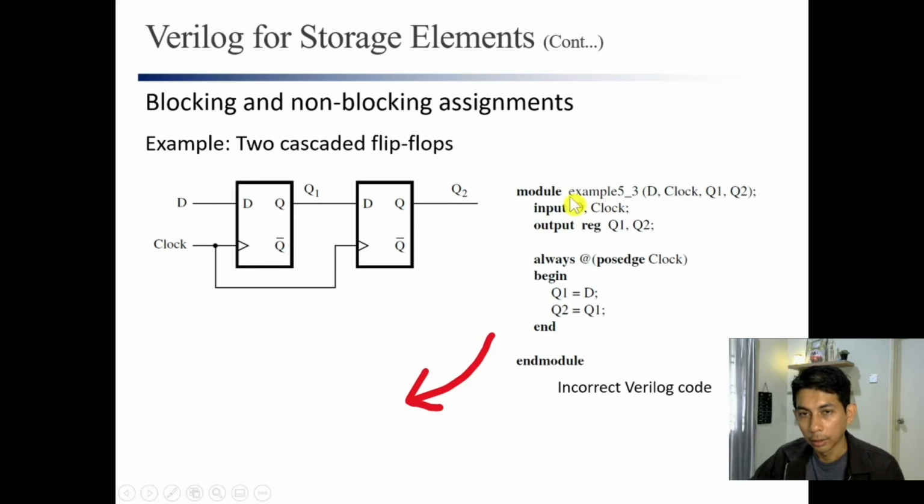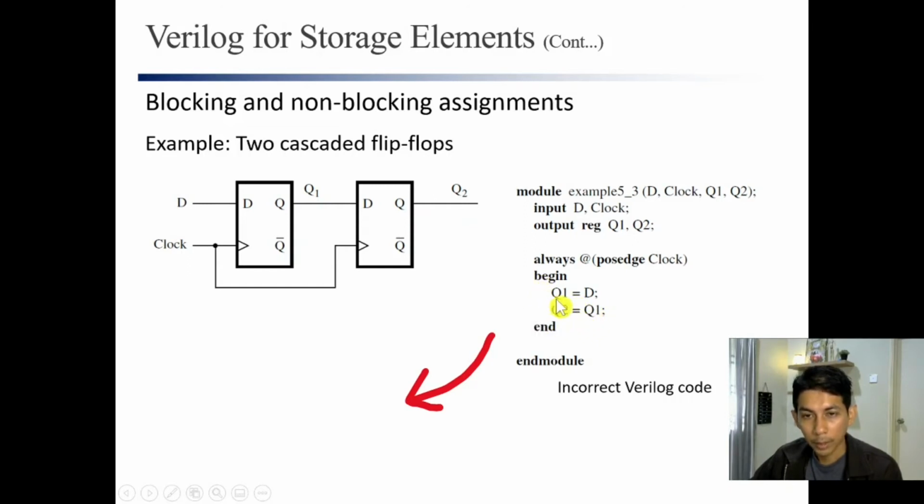Module example. We have D, we have clock, we have Q1 and Q2. D is input, clock also input, reg Q1, Q2. Always @ posedge clock, begin, we write Q1 equal to D, and Q2 equal to Q1, so Q1 is assigned to Q2 here.